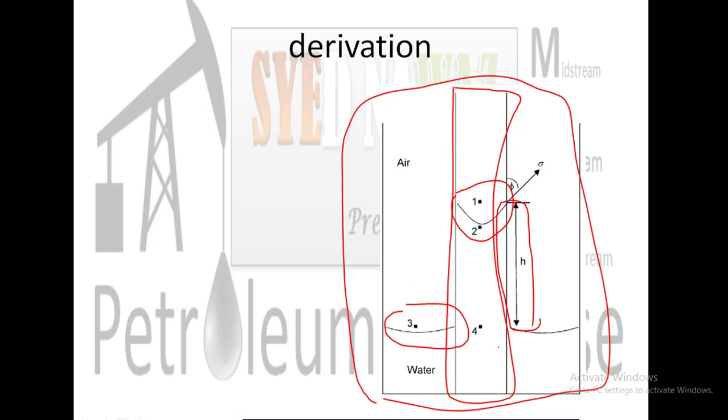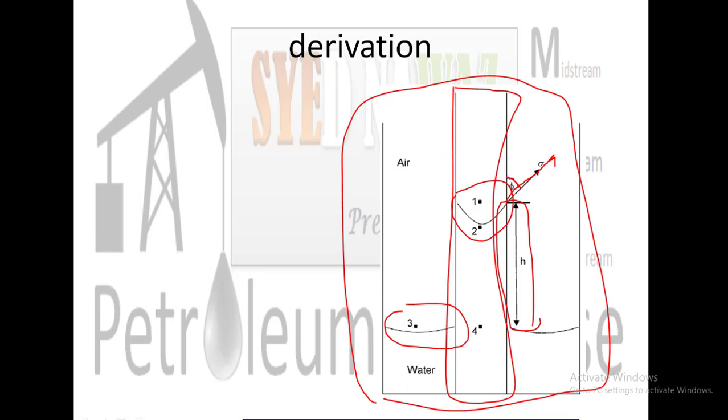That is due to the higher zone of water and the shorter zone of air. And if you exaggerate this particular meniscus to this level, then you will see a contact angle.